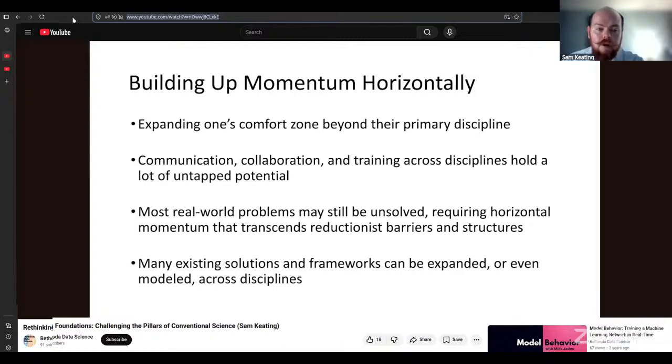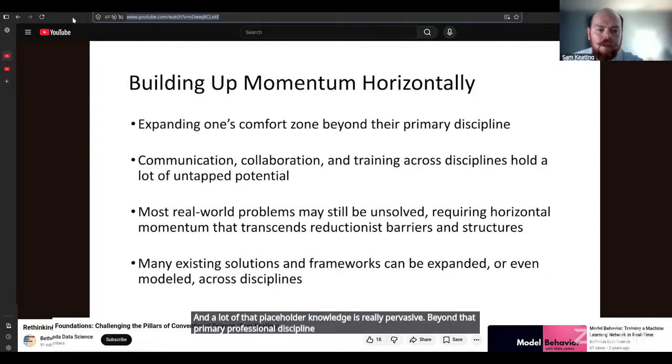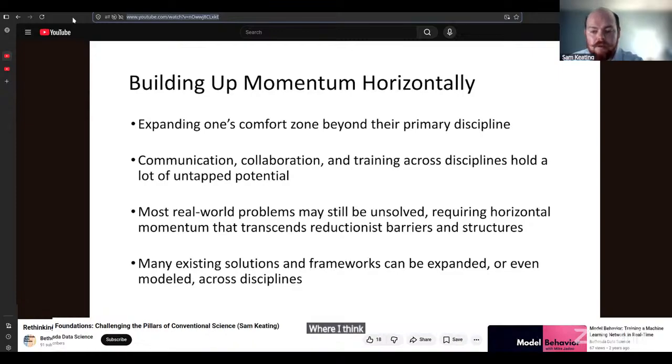And a lot of that placeholder knowledge is really pervasive beyond that primary professional discipline. Where I think the most important thing we can do is have the dialogue, begin the conversation, advocate for the importance of questioning what is progress, what is the direction forward, how do we actually get closer to promoting the most good for the most people.